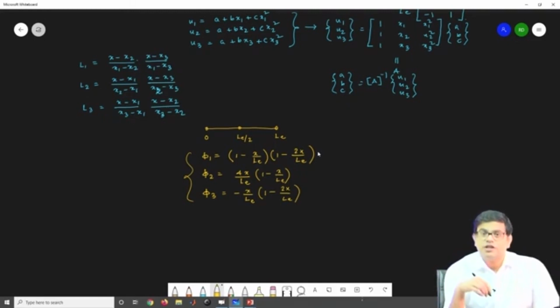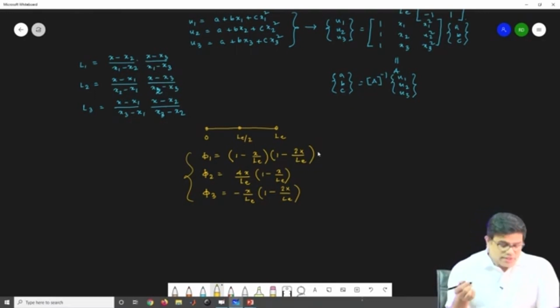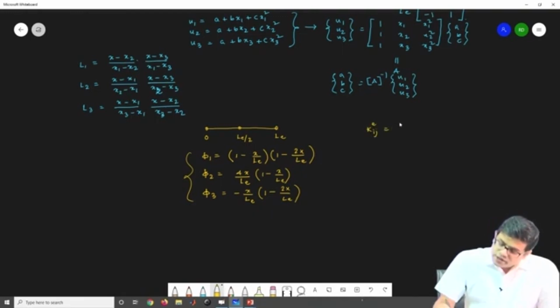And then, in the same process that we did for the stiffness matrix derivation for the linear element, if I just follow now, Kij, the weak form, the elemental stiffness matrix, is the integral from 0 to LE of d phi i by dx into d phi j by dx, into dx.